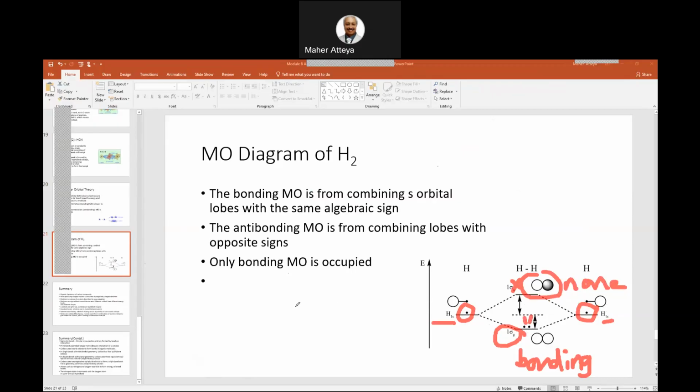So hydrogen will have 1s2, correct? This is the molecular orbital of hydrogen. Those are in the sigma, correct? Sigma means sort of a single bond, and pi is a double bond. And I added this one just so you can see it.